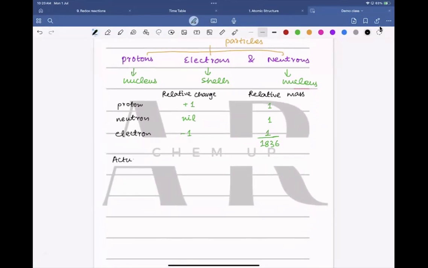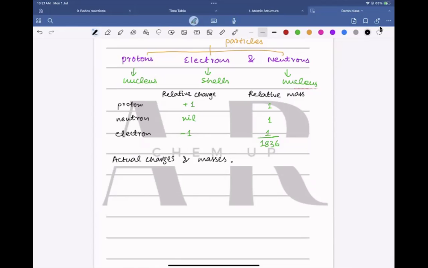Okay. Now, what is the unit of a charge? Do you know that? AMU. I'm talking about the actual unit of charge, not mass.